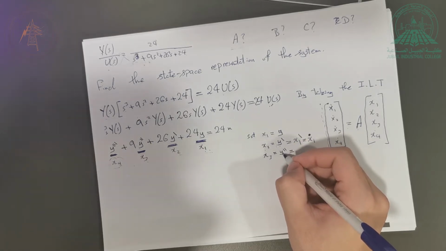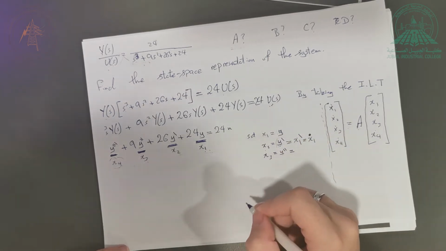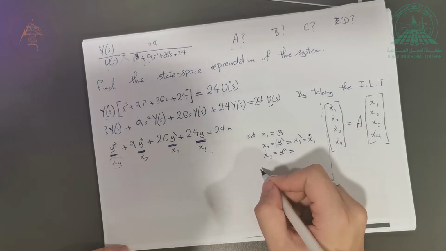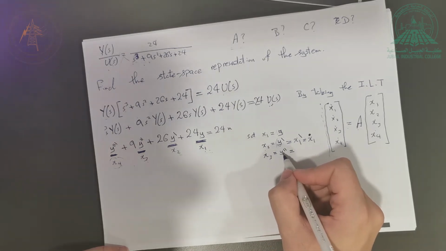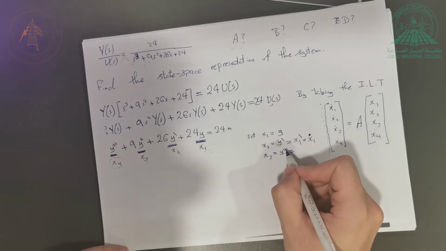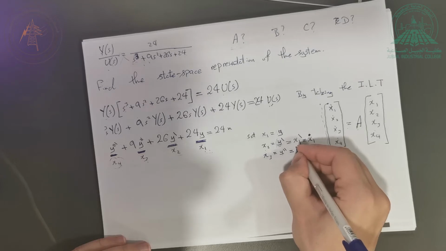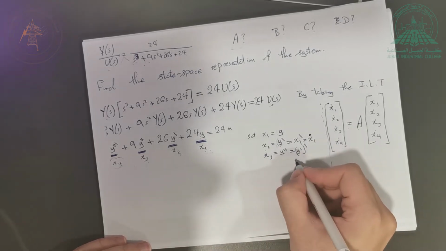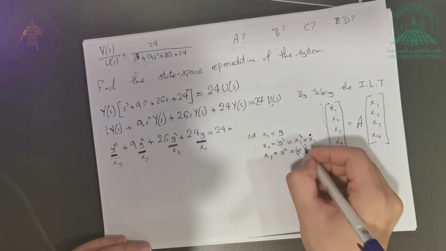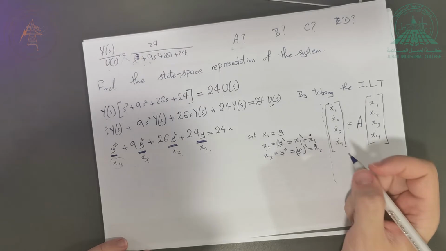So y double prime is the second derivative of this, or the first derivative of this. So I can say x3 equals y double prime. But y double prime is y prime, differentiated, and y prime is x2. So I can write x3 equal to x2 prime. And this is obvious, right?